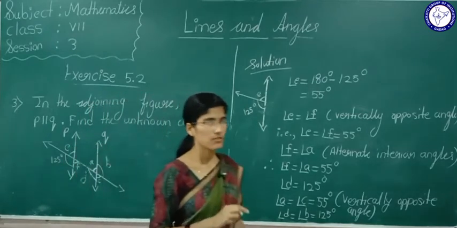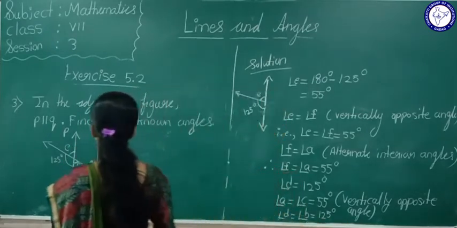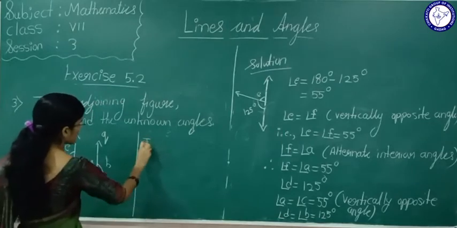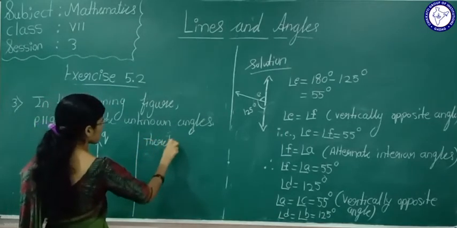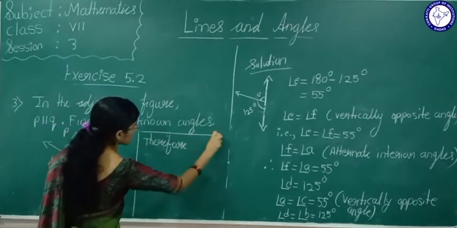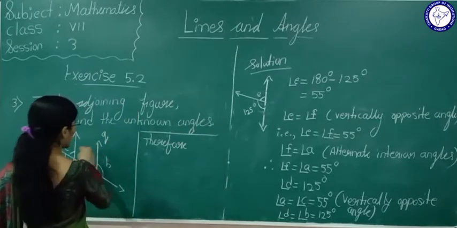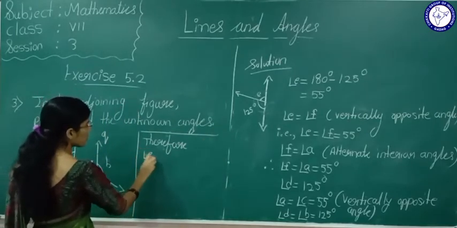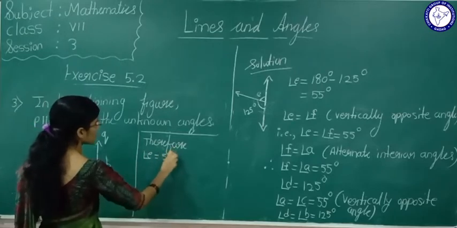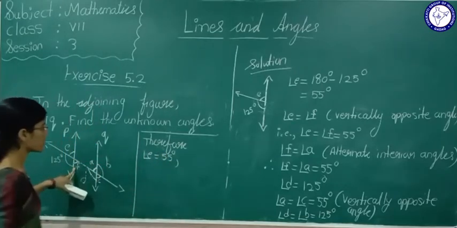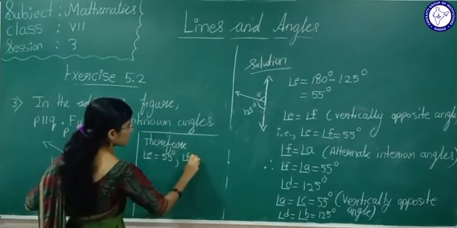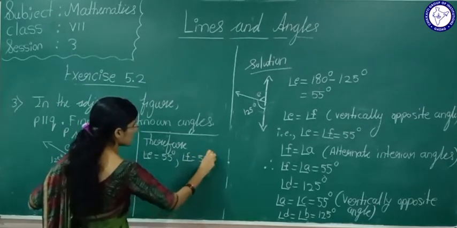Therefore, what we can write here? Angle E is equal to 55 degrees. Angle F is equal to 55 degrees.